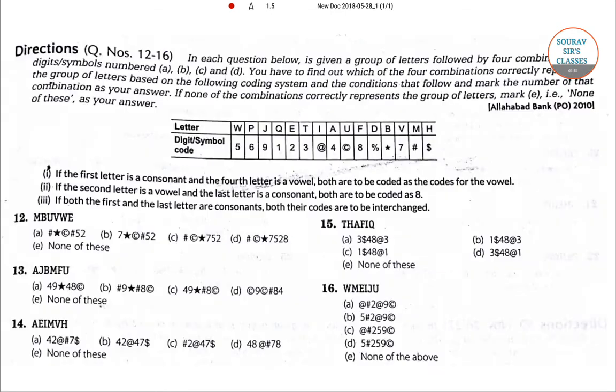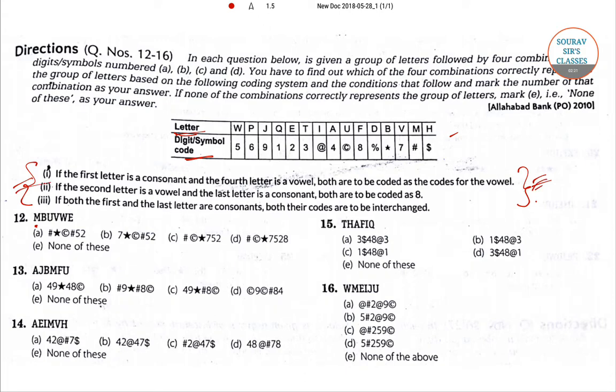For example, if we are given the following question where letters are given and their corresponding codes are given, and these are the set of conditions which are given, and we have to find the code of these set of letters according to these symbols and these conditions.